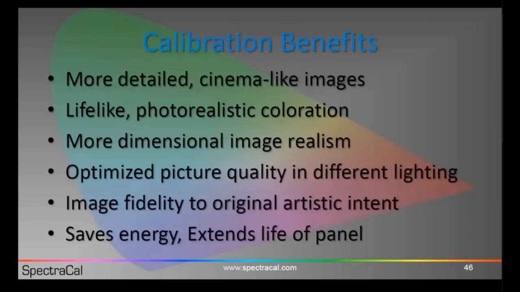We'll optimize the picture quality so that it's more accurately viewable in different lighting situations. We may set up one of our display's viewing modes, Expert 1, for instance, for daytime viewing, and Expert 2 for nighttime viewing, with different brightness and gamma settings, for instance, different luminance levels.